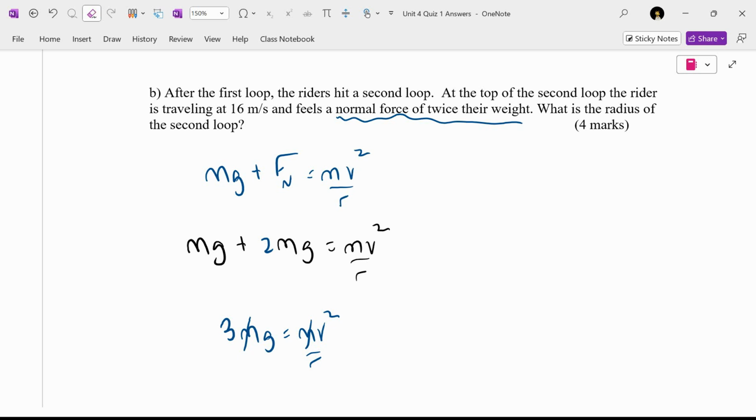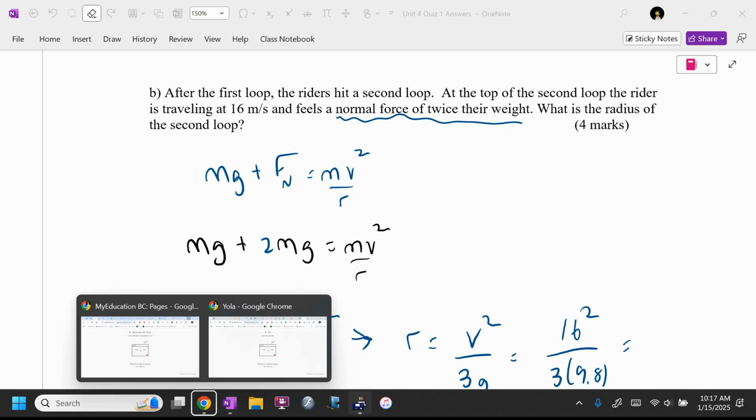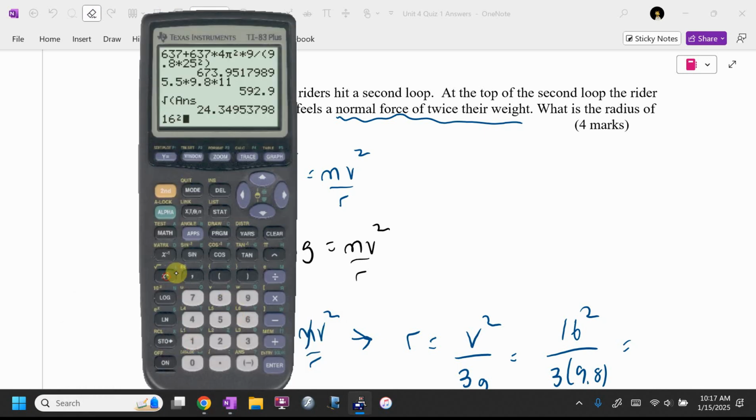Oh, now we want to get the r by itself. I guess I'm going to times the r to the top and divide by 3g. I think r is going to be v squared over 3g. It's going to be 16 squared over 3 times 9.8. 8.71?